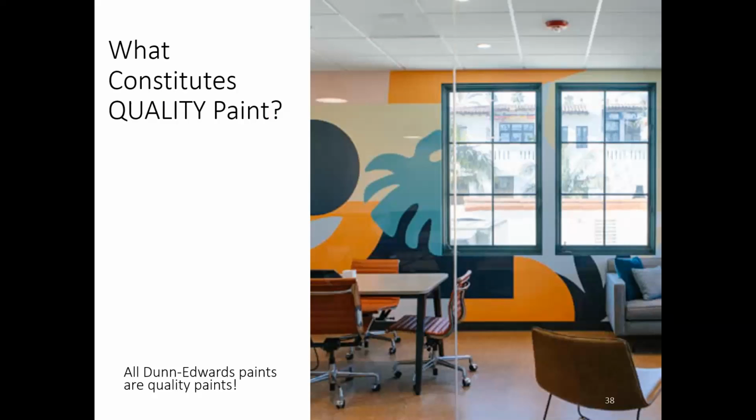So what constitutes quality paint? Well, all of our paints are quality, but every manufacturer manufactures a range of grades. We do have production grade paint, and it has its place. For instance, retail oftentimes does a white style, and when that retail moves into that space, they make it their own with their own branded color.